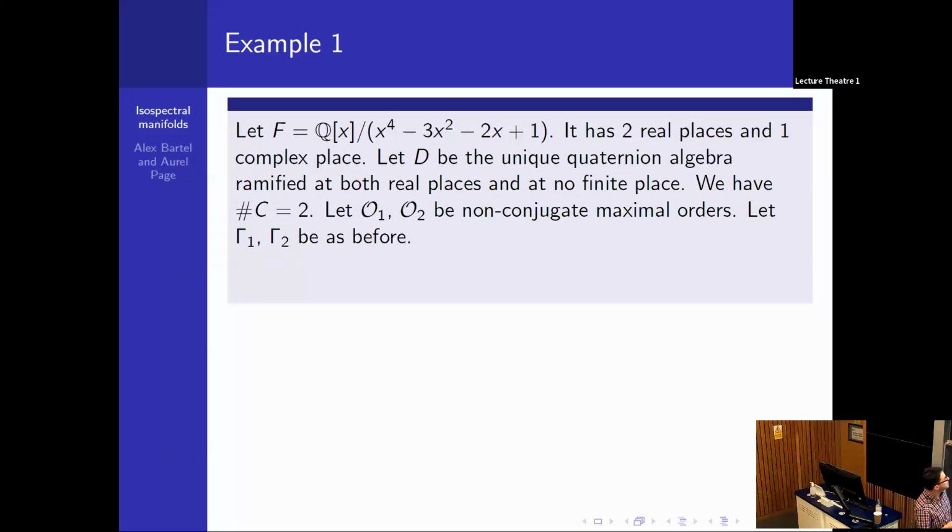It turns out you can compute that in this case, there are exactly 2 maximal orders up to conjugation. So the class number, which you can just compute by computing a class group of a number field, is order 2. So take the 2 connected components that we saw before. So the only thing that we can ask in this setting is, are these 2 isospectral or not?